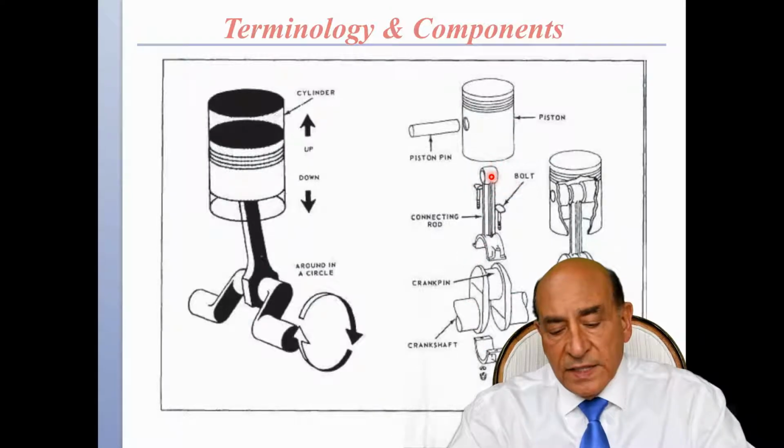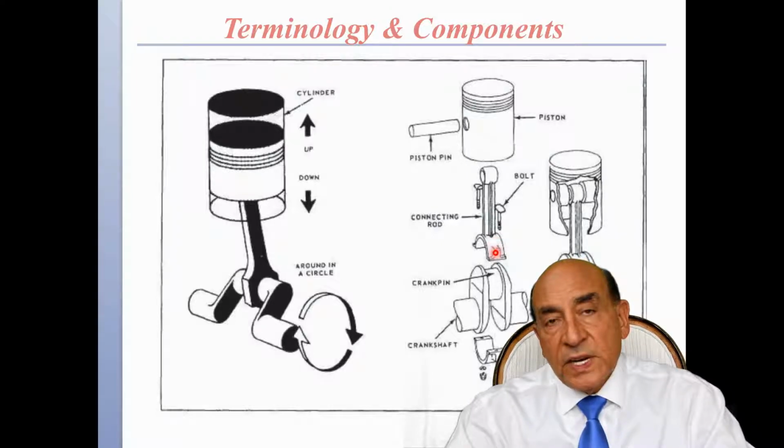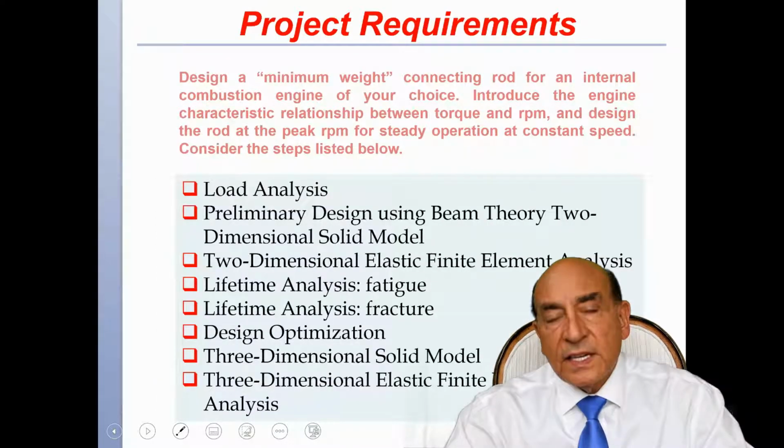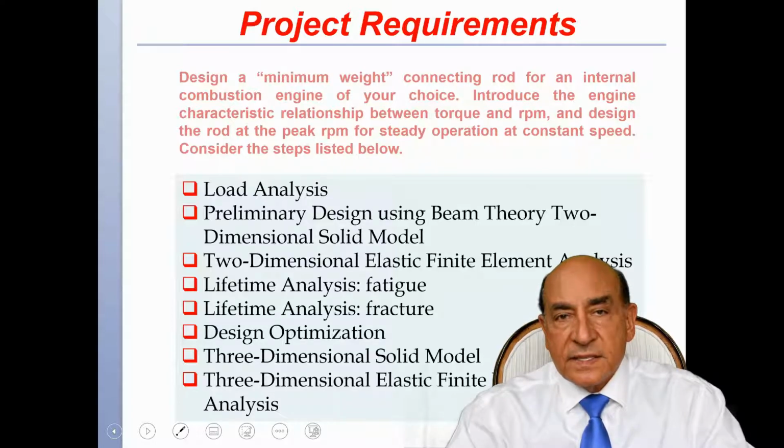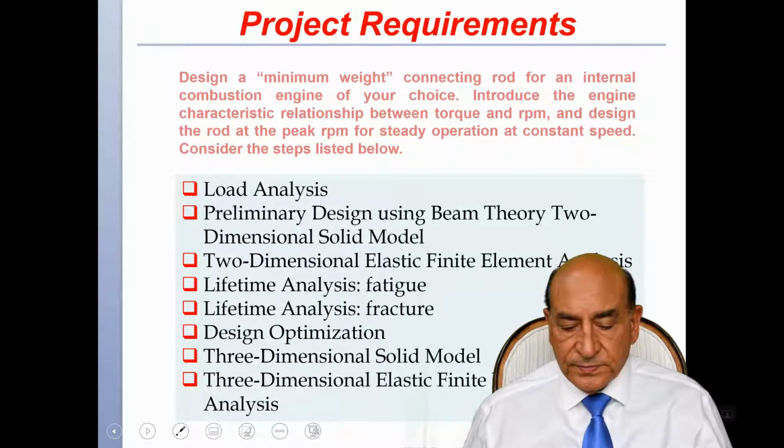The small end is connected to the piston with a pin, and then we have the rod in between. And the rod now is attached to the crankshaft, and the way it is connected to the crankshaft is in two pieces usually. One half a circle here, half a circle here, and then with two bolts. So when you add them together, you get that shape of the connecting rod. And that's the subject of the project.